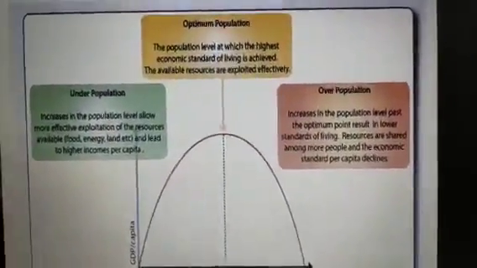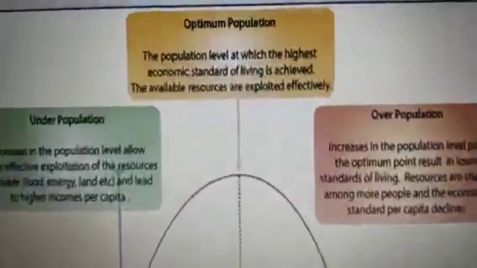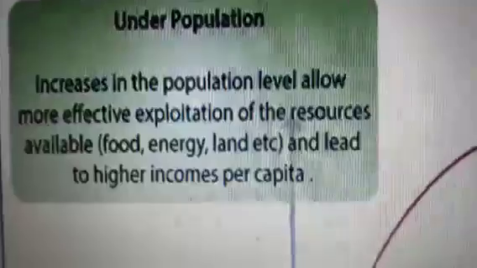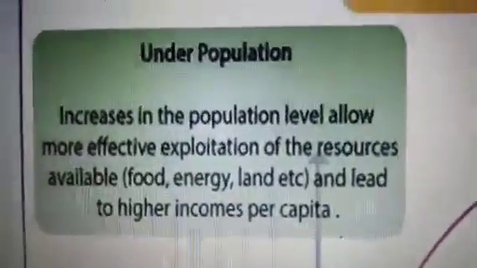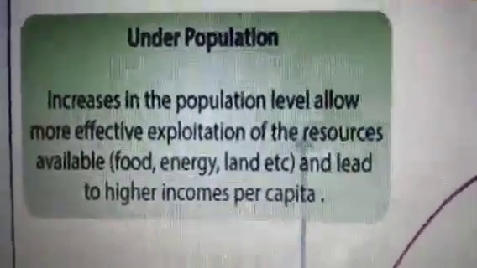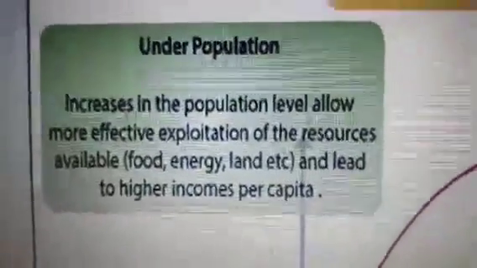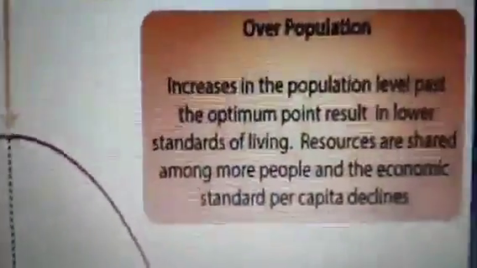Then you have to explain this diagram further. In the same diagram, you have to say what underpopulation is: increases in the population below the optimum allow more effective exploitation of resources available, that is food, energy, land, etc., and lead to higher income per capita. And then what is overpopulation?